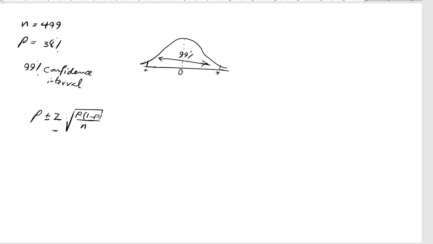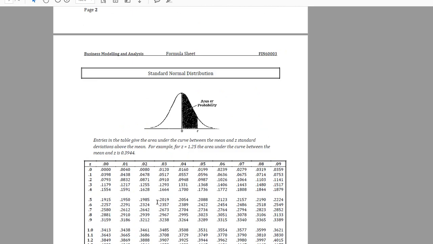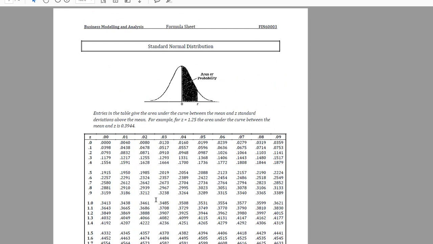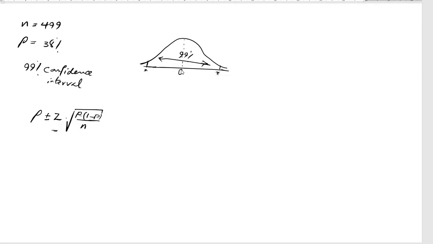To get Z value, if I go to the Z distribution, normal distribution, you can see I need to find the area from 0 to the value of interest, then I can identify Z. So from 0 to this part, how much is that?